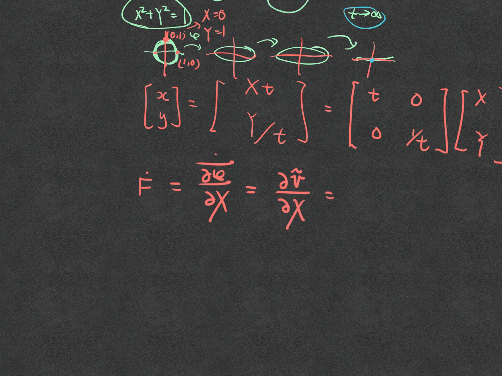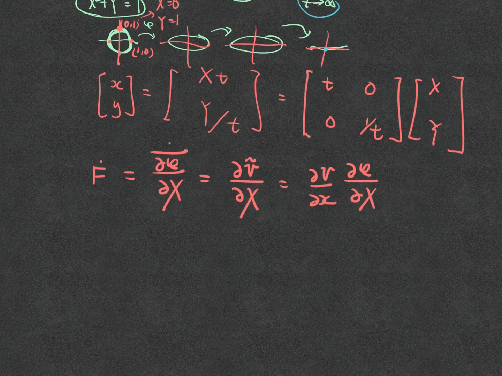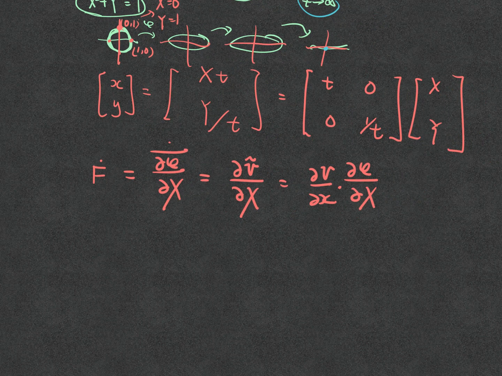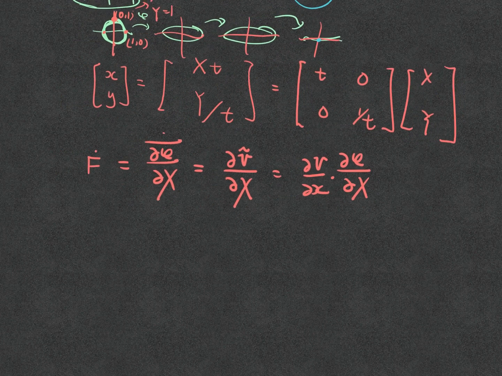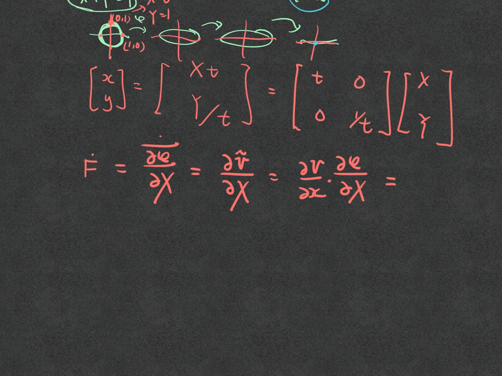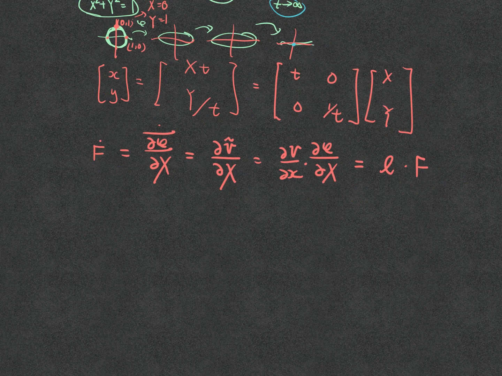Now this can be rewritten as the gradient of the velocity with respect to the current x, times the deformation gradient itself. Okay, can you guys see this? Now what happened to this? This is something very interesting. This is called L. L is called the velocity gradient. So the time derivative of F is also a function of F: the velocity gradient times the deformation gradient itself.